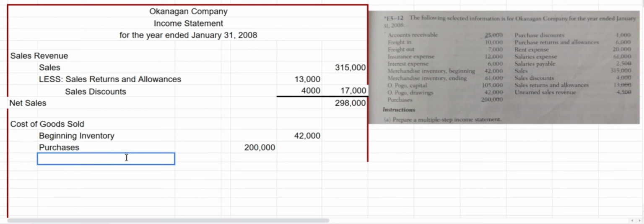And we need the net purchases. So to do that, we need to less the accounts that will decrease purchases, which are basically purchase returns and allowances and purchase discounts. So I guess it's kind of similar to what we just did above.